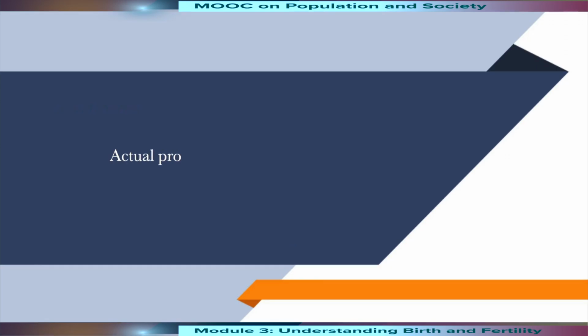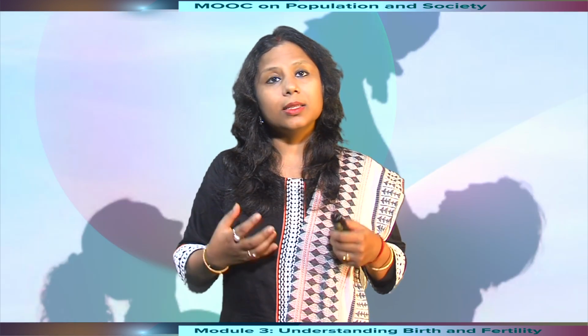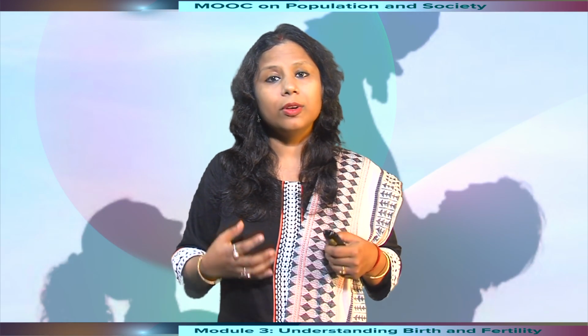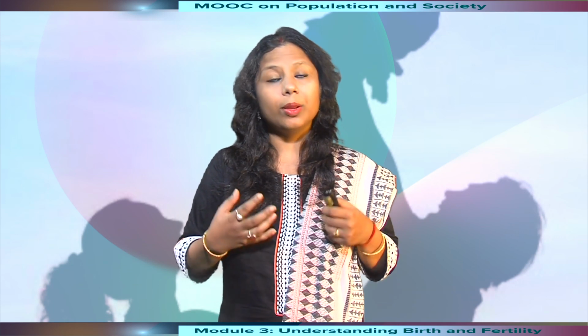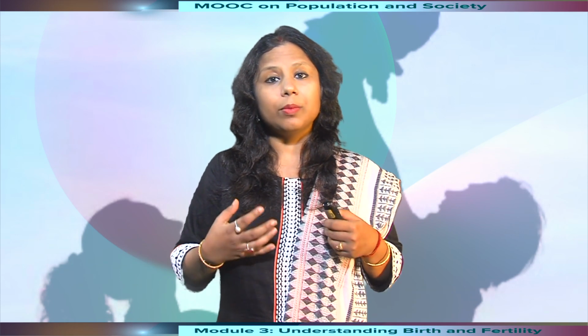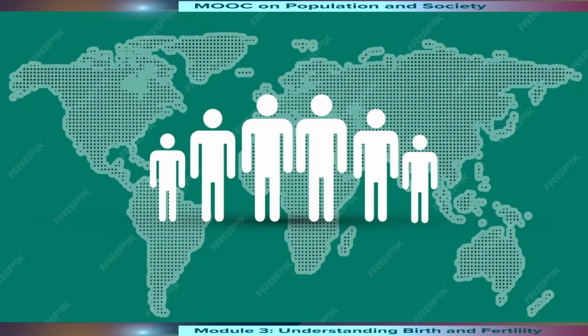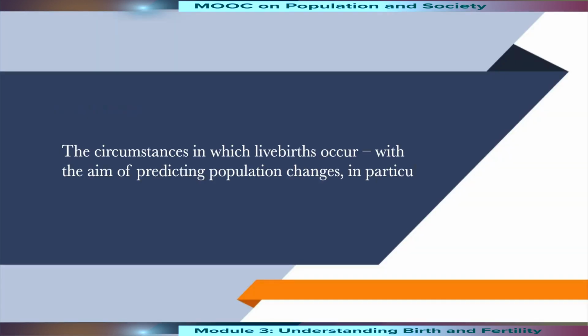It is the actual production of live offspring. Birth rate is a simple indicator of fertility. Now, demography as a subject which deals with the study of population has traditionally been focusing on fertility, the circumstances in which live birth occurs, with the aim of predicting population changes in particular.